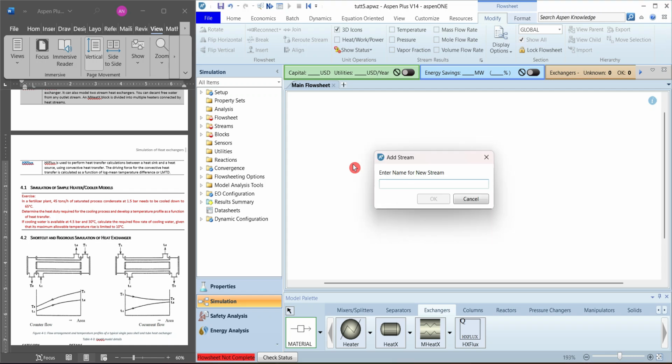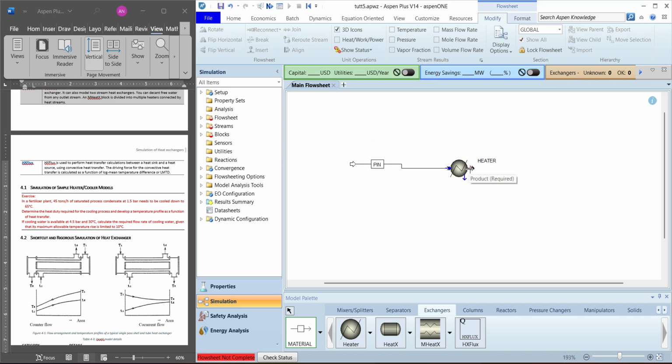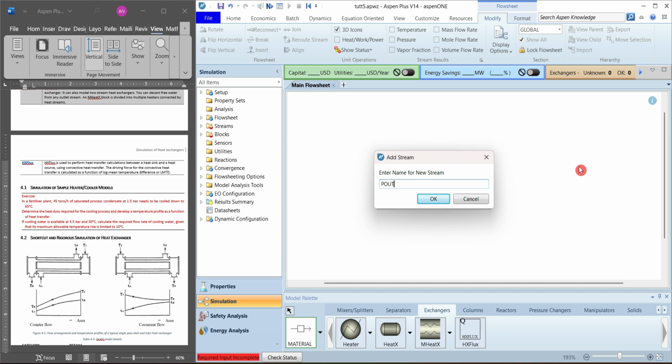Let's call it P in. And the outlet product can be only one stream. We cannot have multiple product streams from the heater block. So let's call it P out.